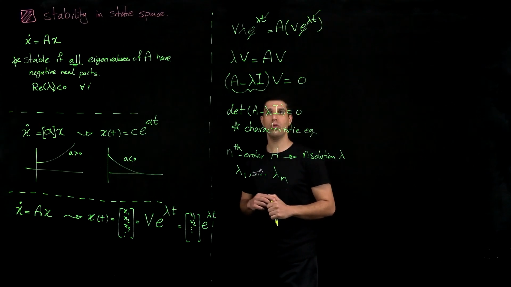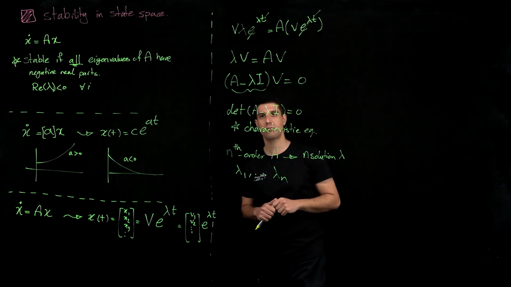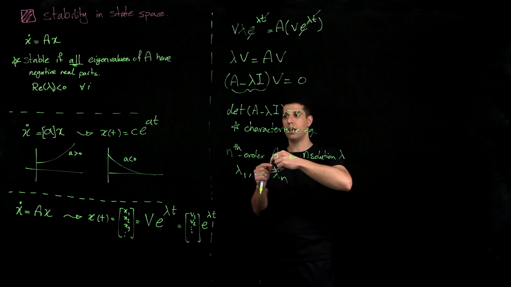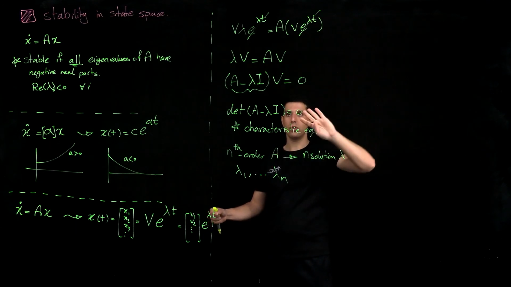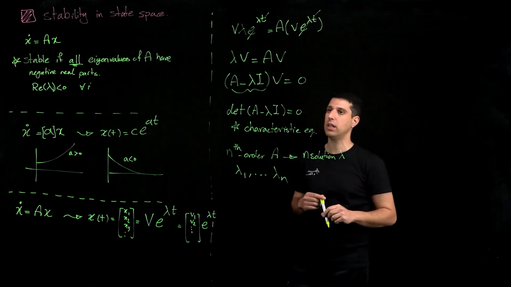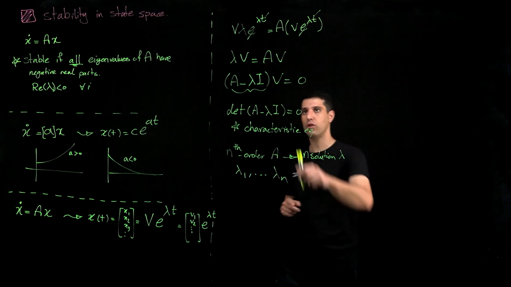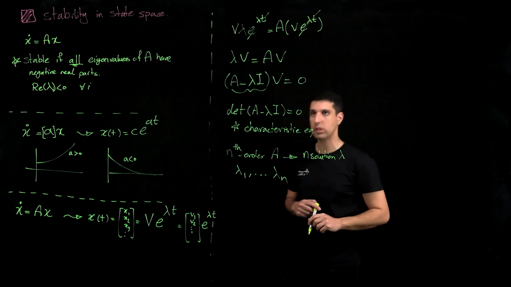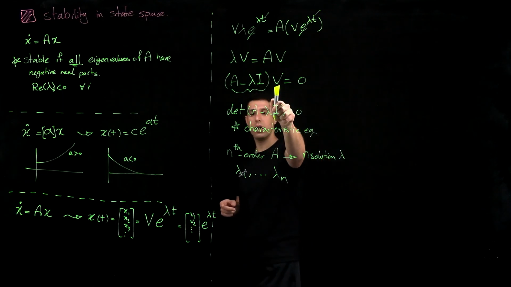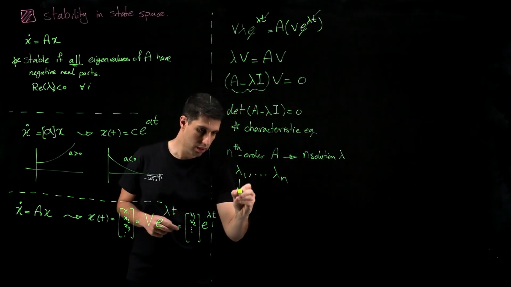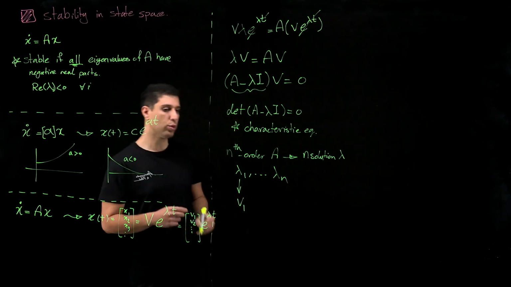But one thing you can do is just pick one of those, and all of these v's will be along the same line. So they are just scaled versions of each other. So you can choose any one of those, and that would be your eigenvector associated with that.